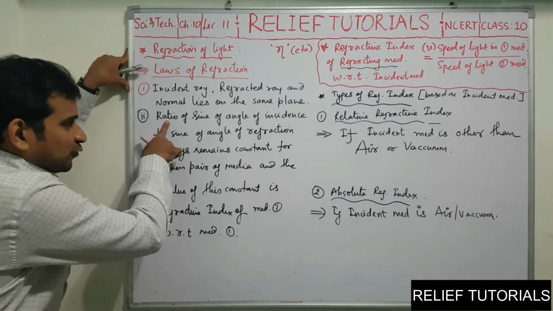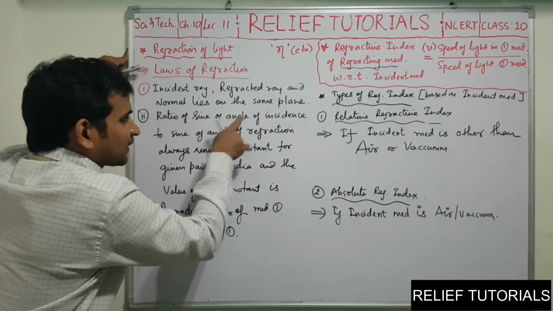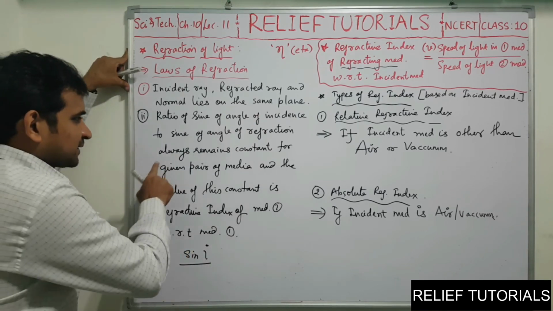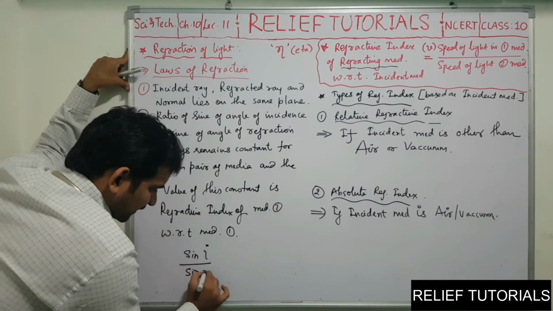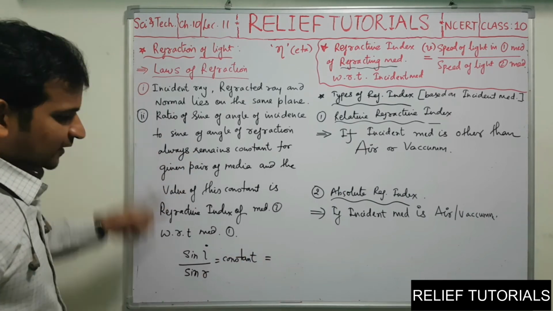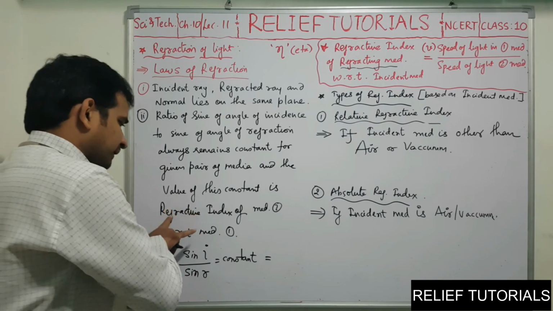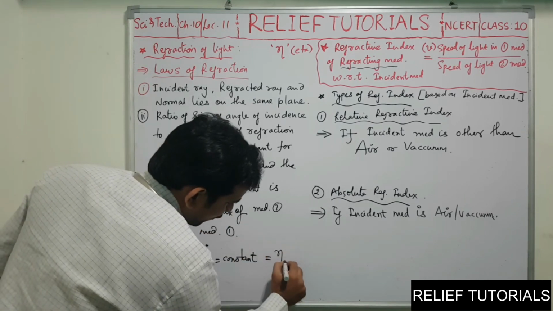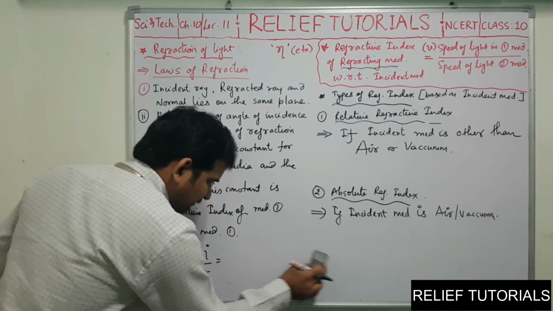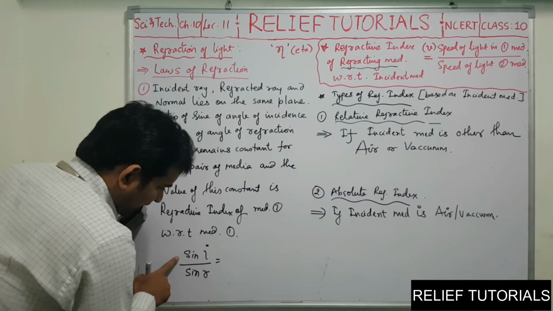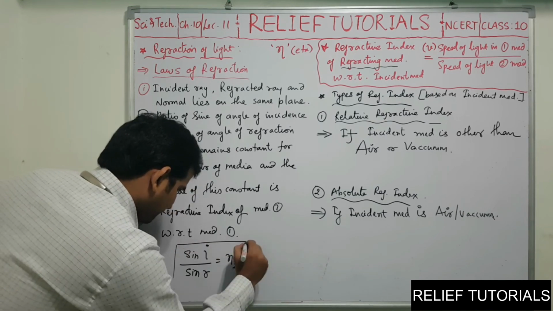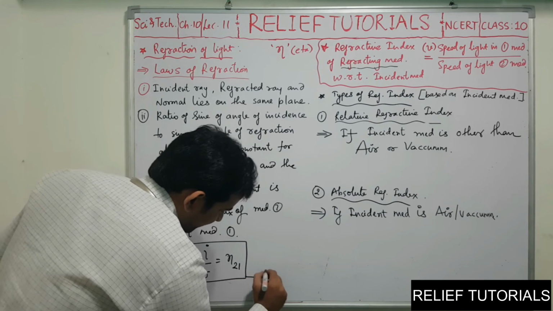Ratio of sine of angle of incidence, sine i, by sine of angle of refraction, sine r, always remains constant, and that is equal to the refractive index of medium 2 with respect to 1. If you don't write this constant, that is also okay. So we can write sine i by sine r is equal to eta 2 1. And this is the very important result we have to remember.